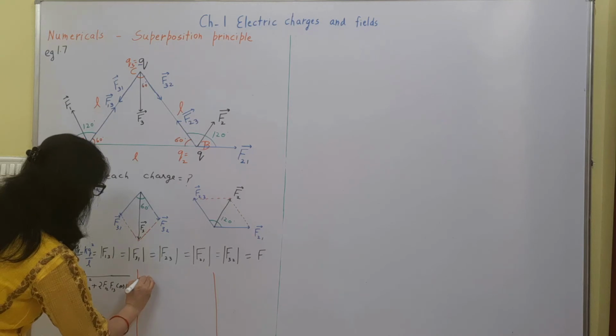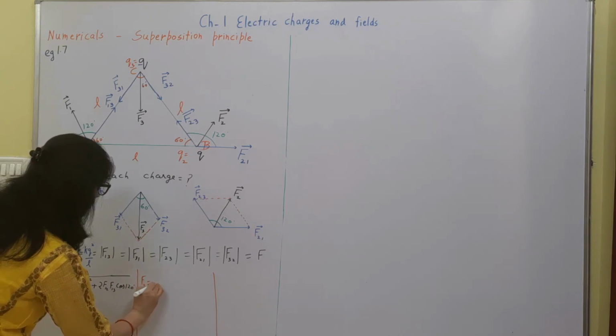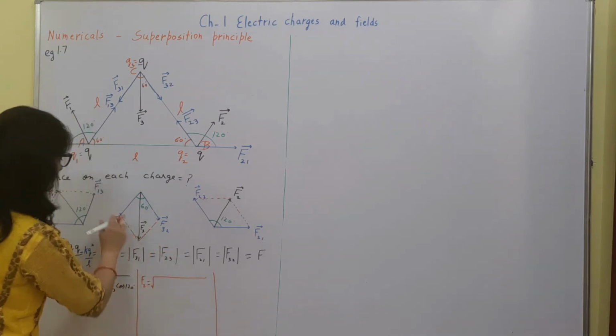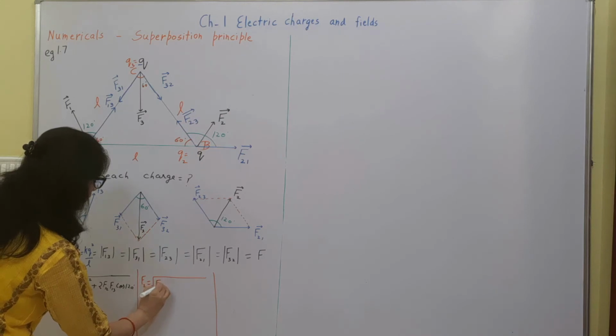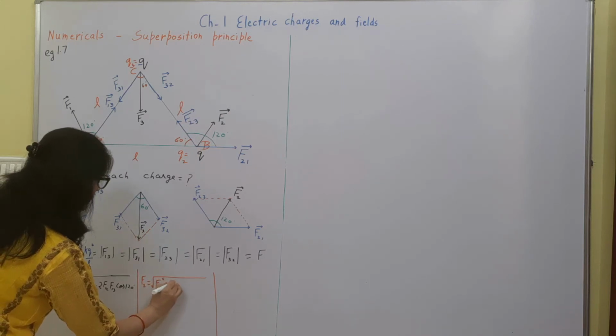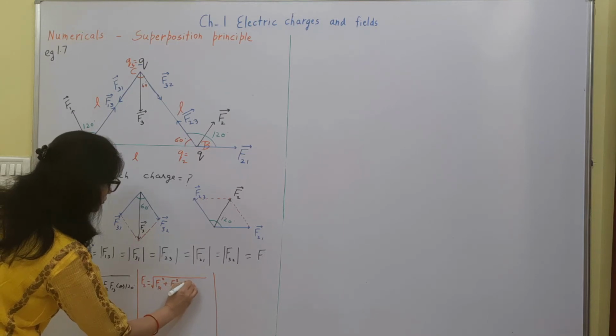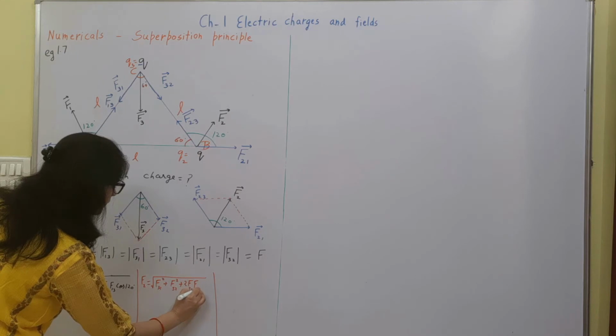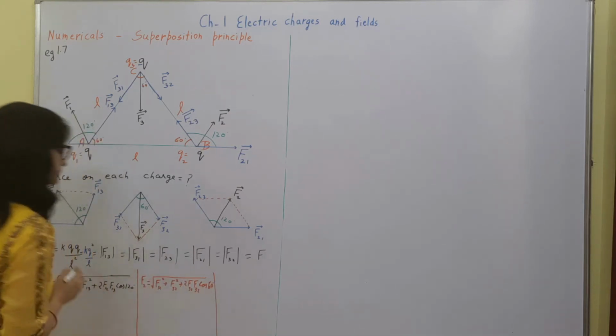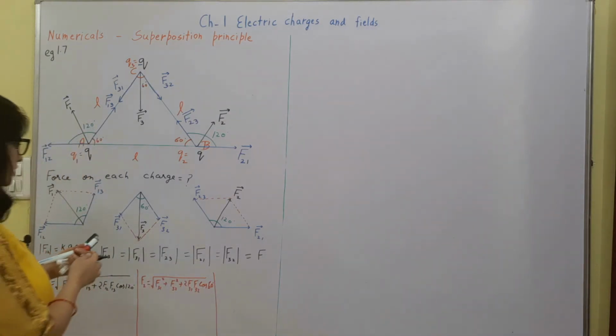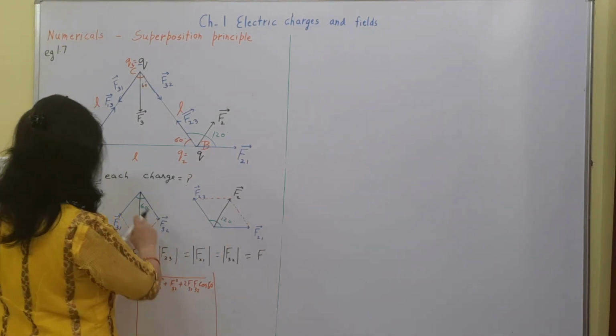So this will be F2 is equal to under root of F31 square plus F32 square plus 2 F31 F32 cos of 60 degree. Right? Similarly, for third case, this is F3.